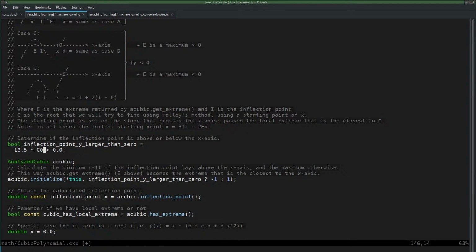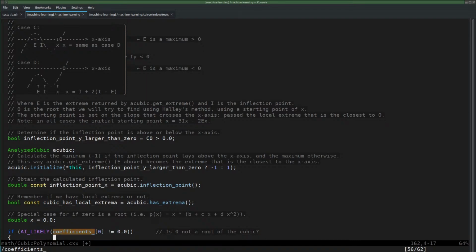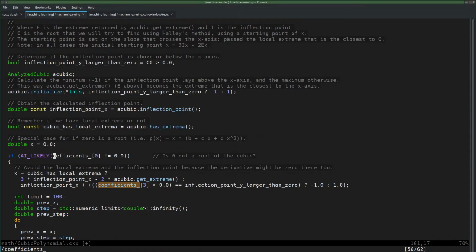Might as well remove the 13.5. Whoa. Okay. Coefficient C0. And then here we have coefficient 3, but it equals 1, which then means that this of course is true. True if true is equal, so just that.